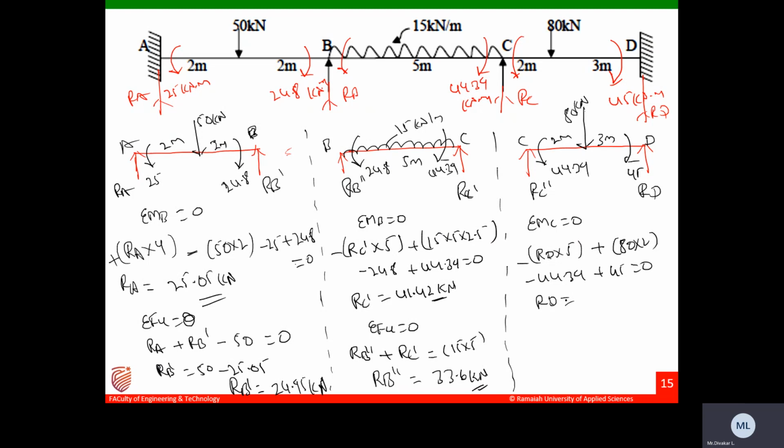Then RD will be, once again guys, please calculate RD. RD we will get 32.12.